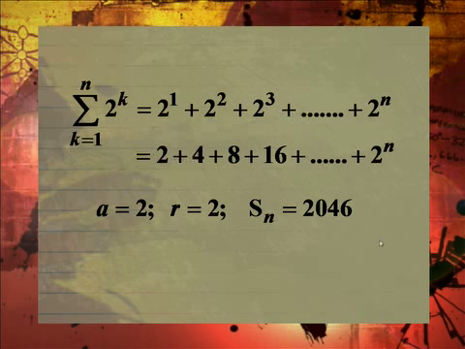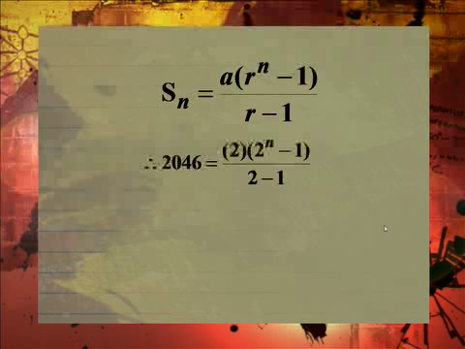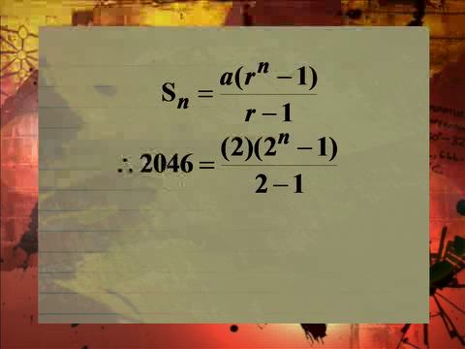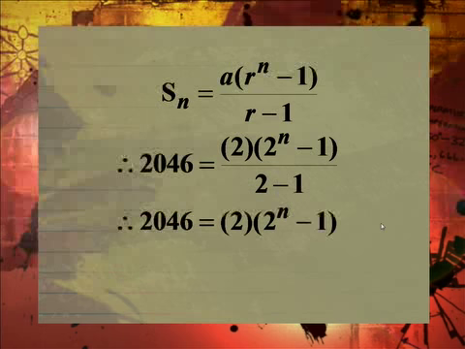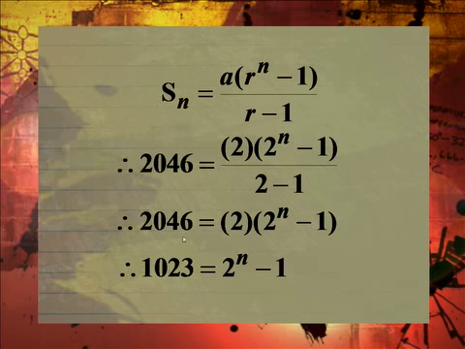Great. What do we know? We've got that formula for the geometric. We know that Sn is 2046, a, and there's r, and we substitute in. This is easy. 2 minus 1 is 1, so that vanishes, and of course then we've got 2. Now be careful. If we divide the 2046 by 2, dividing both sides, we land up with 1023 is equal to 2 to the n minus 1.